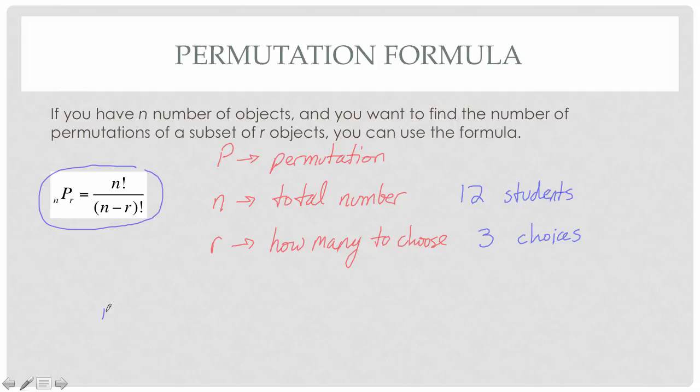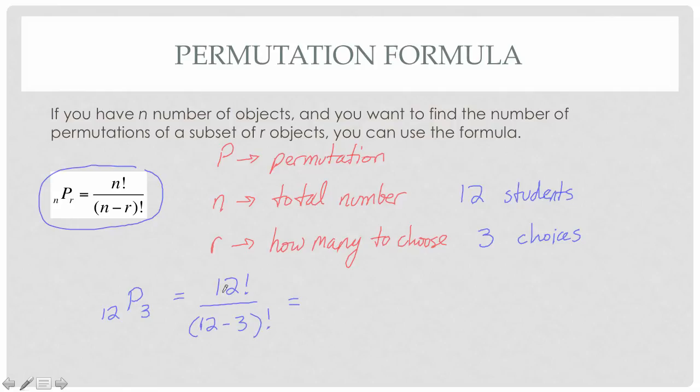The number of 12 students, I want to find the permutations of choosing 3, so how many different orders of first, second, and third. It's going to be equal to 12 factorial divided by, and n is 12, so we have 12 minus 3, r is 3, factorial.